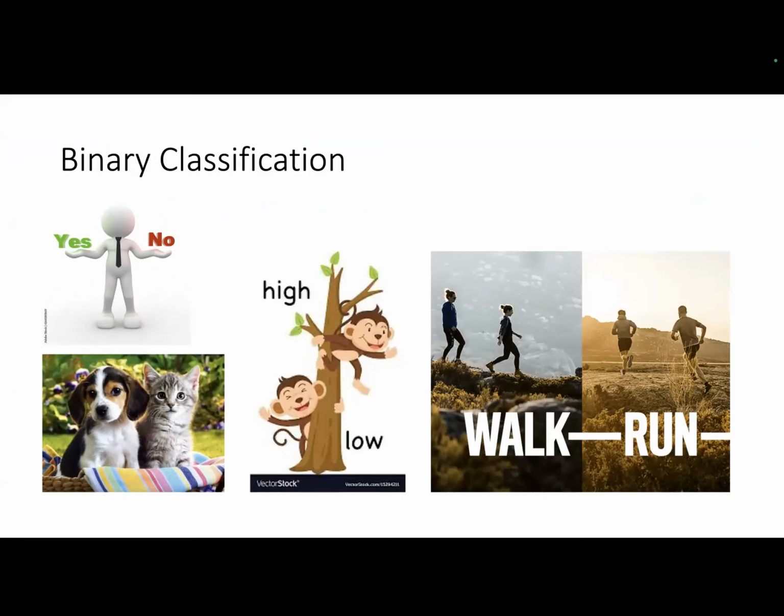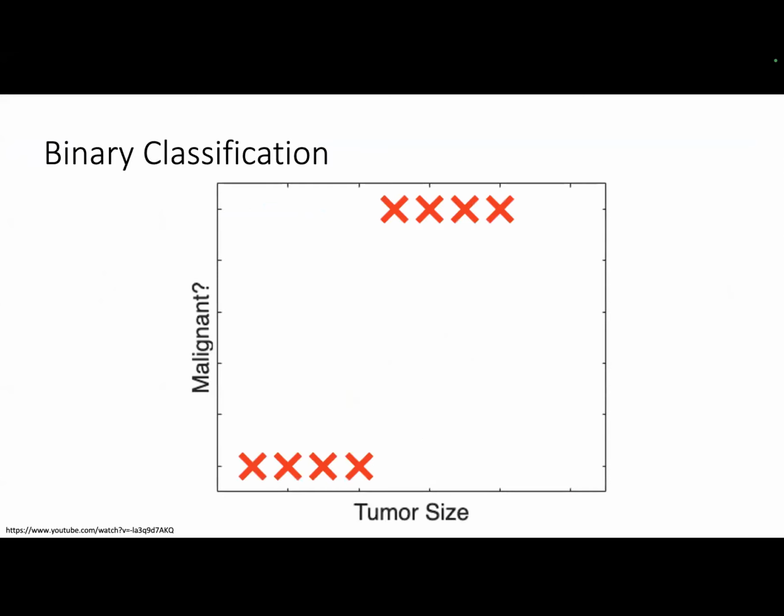Pag sinabing binary, dalawa lang yung pagpipilian ninyo. Either a yes or no, it's either a dog or a cat, high or low, or it's either na yung isang picture ay pinapakita yung tao na naglalakad or tumatakbo. Okay, one of the simplest examples or one of the most common examples then is, for example, itong tumor. Okay?